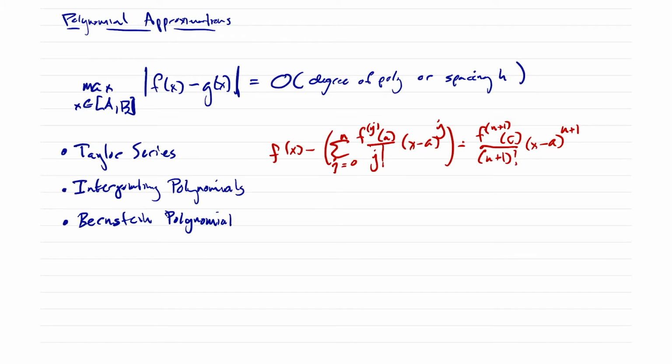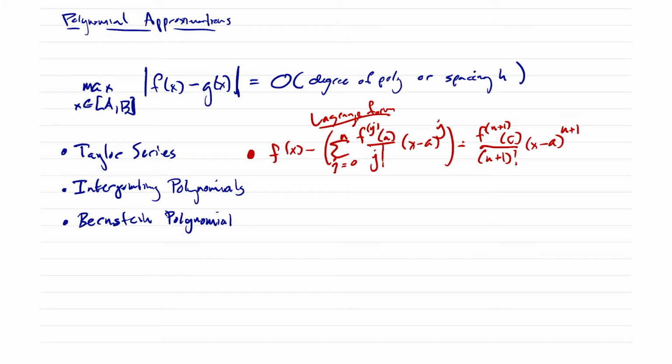I think I'm using a different reference this time than before. It's the same formula. This is the Lagrange form of the remainder. Ultimately, we want to take this and get some sort of convergence rate out of it. What that amounts to is getting a bound on this term here. We talked about it briefly, but I want to go into a little more depth.